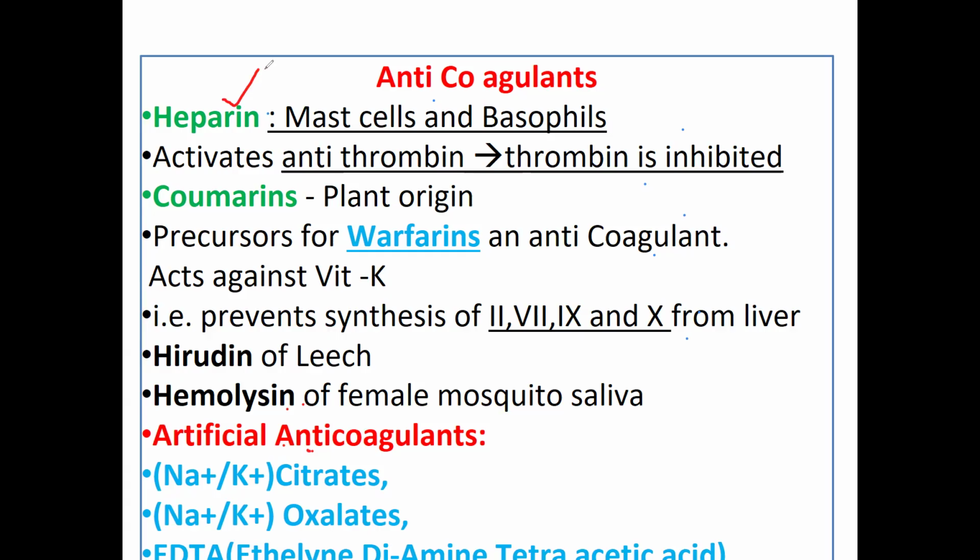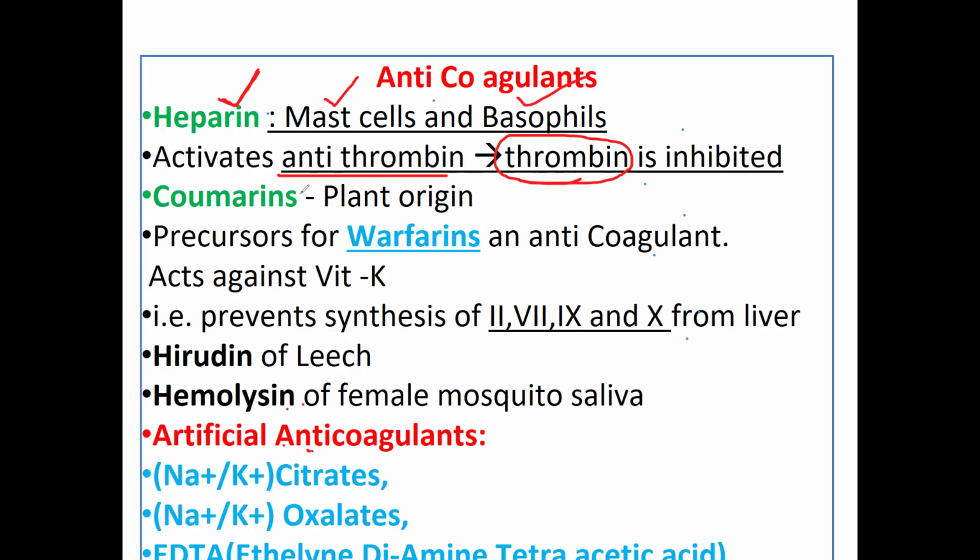If that happens, the person will die. So to prevent that, there is a natural anticoagulant substance present in our blood, that is heparin, produced by mast cells and basophils. It activates antithrombin and that prevents the thrombin action, so the fibrin is not formed, fibrinogen is not changed into fibrin.